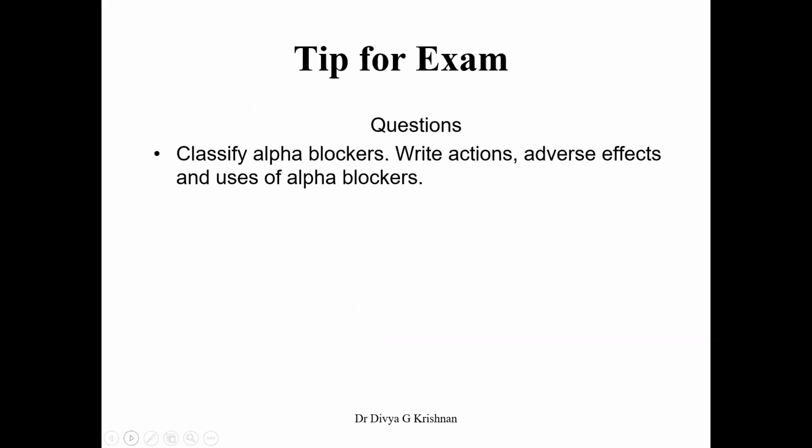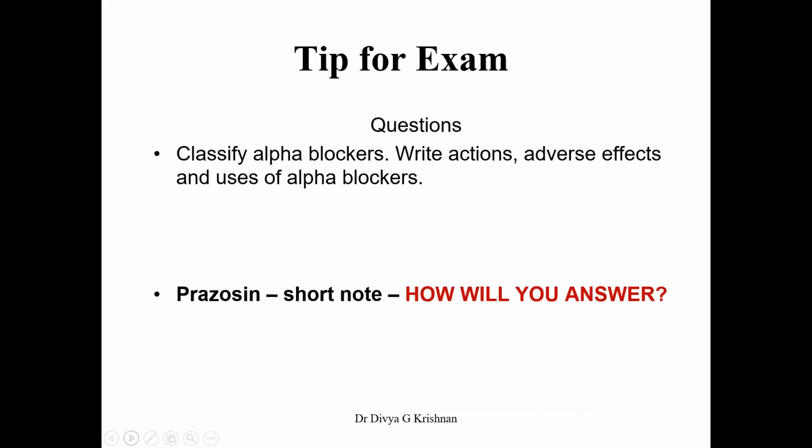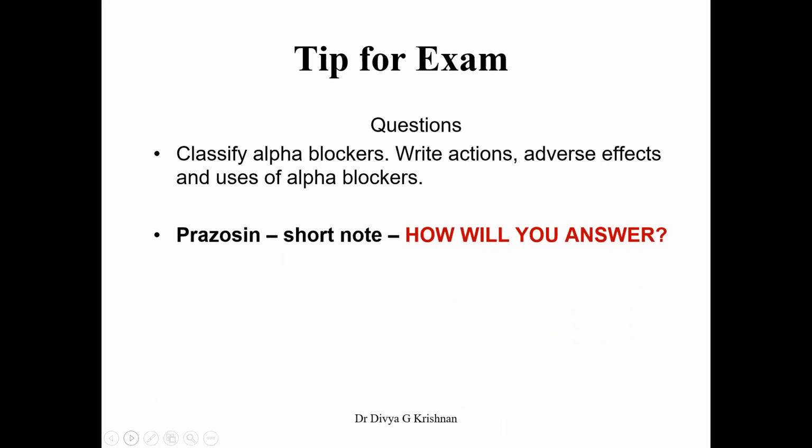Now, a tip for the exam. The questions that you can usually expect from this chapter are classification of alpha blockers, actions, adverse effects, and uses of alpha blockers, which is very easy, which I have discussed already in the initial slides. Often you get a topic, a short note like prazosin, and then you're clueless about what to write.